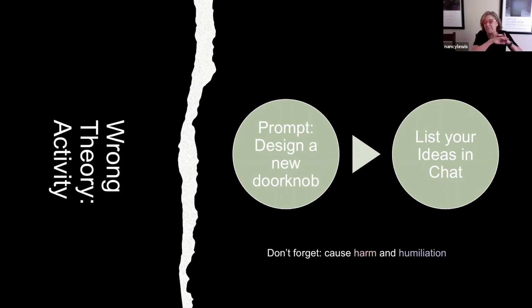So not just a bad doorknob, but the worst doorknob you can imagine that would actually be perilous, possibly perilous to use. Just for the sake of time, we're going to ask people to put their responses in the chat box. And Nancy, can you give us like 45 seconds on our clock?